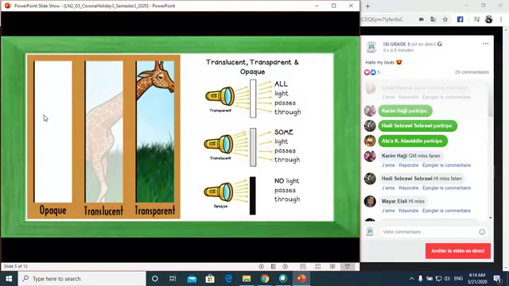The light cannot pass through them. Translucent, we can still see some of the object behind it, but not so clear. It doesn't give a clear image of it. So some light passes through it. Transparent objects, they let almost all light pass through them. So transparent, all light can pass through it. Translucent, some of the light. Opaque, no light can pass through it.